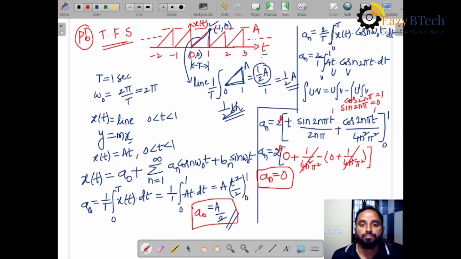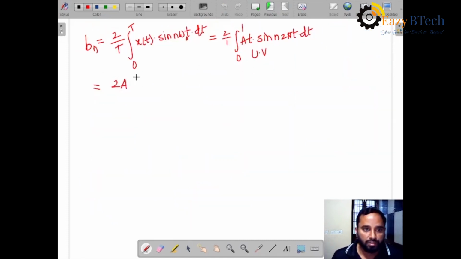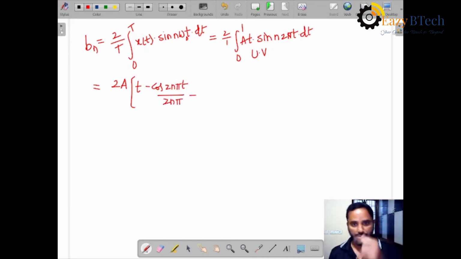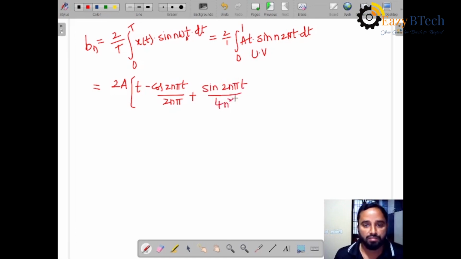And now u is t, integral of sine is minus cos 2n pi t divided by 2n pi, minus integral u dash, the derivative of t is 1, sine integration minus cos, again cos will be sine, minus minus will become plus, sine 2n pi t by 4n square pi square. So this is the uv integration and the limits are 0 to 1.